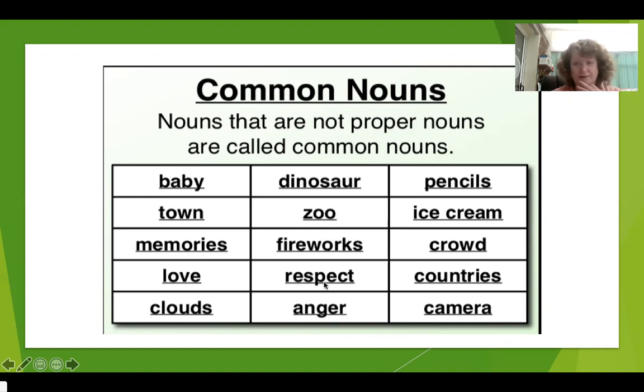Oh, respect. That's a concept, isn't it? Or an idea. And anger, it's a feeling. Pencils, ice cream. Crowd, countries, camera. So they're called common because when you refer to them, you say, oh, my pencil, or the dinosaur that I saw at, or I went to the zoo. You're not being specific about what kind of zoo it is.